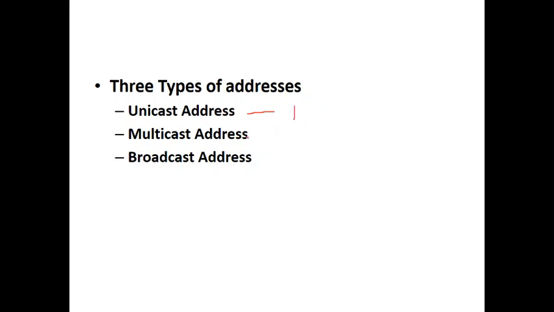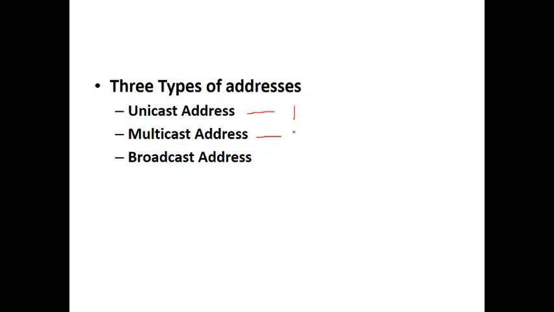Whenever I say multicast address, we are considering some group of devices, that is, more than one. If I have 10 devices in a network, it can be two or three or four, any number of devices.